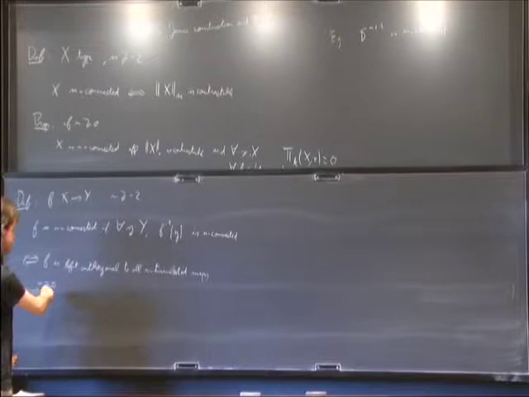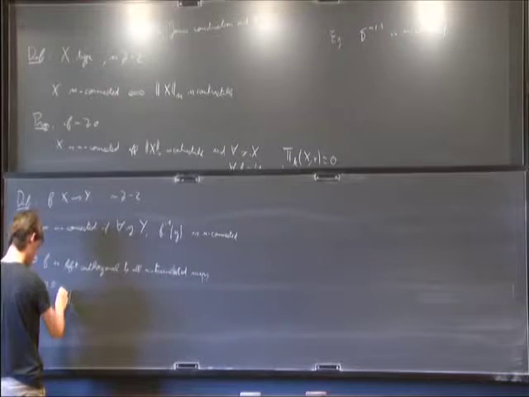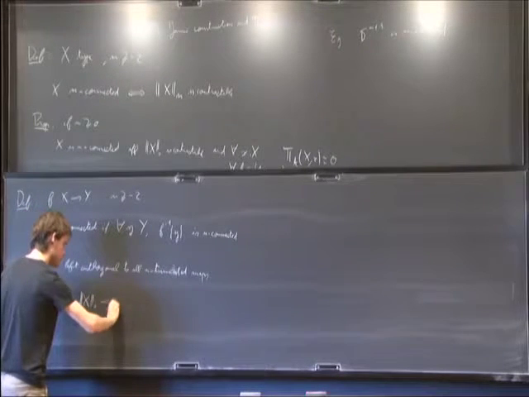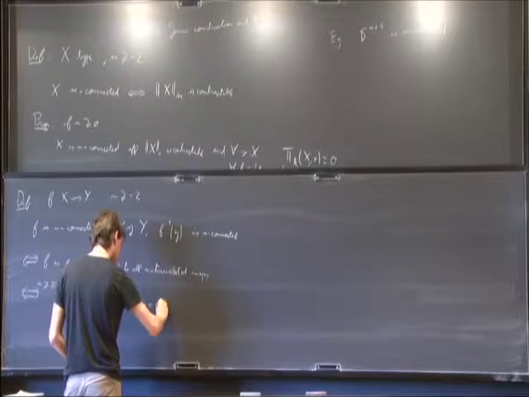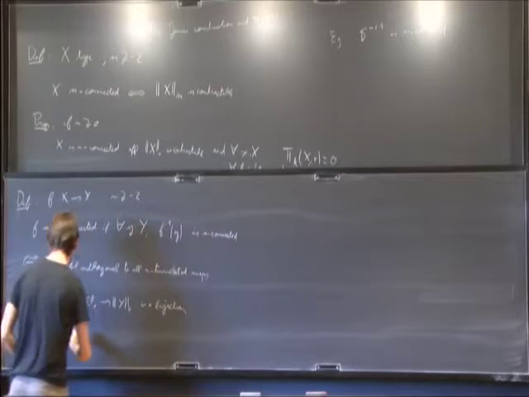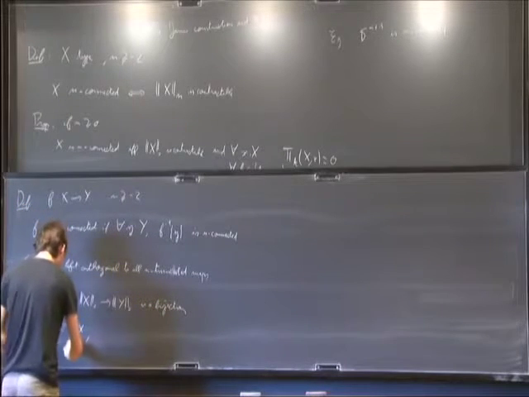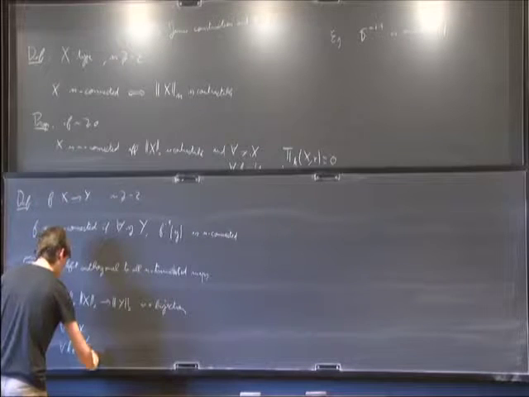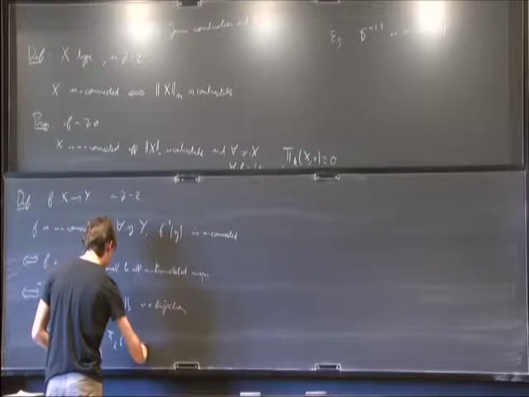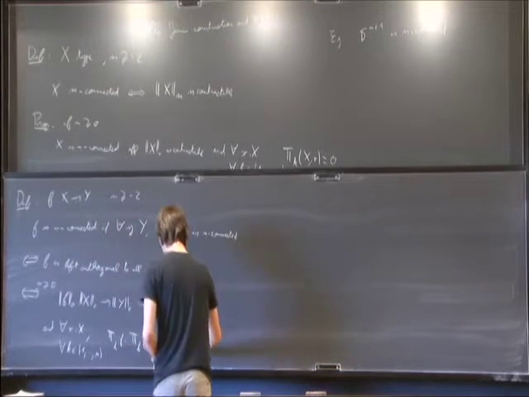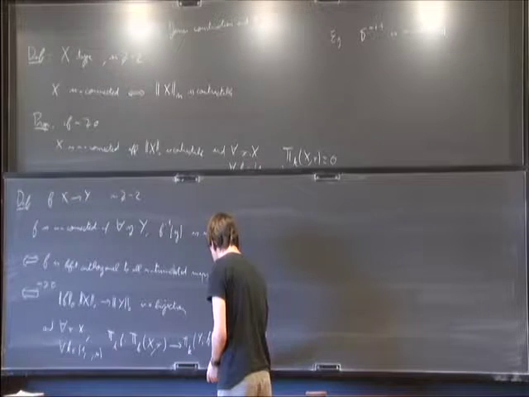So when n is at least 0, f is n-connected if and only if the 0-truncation of f, which goes from the 0-truncation of X to the 0-truncation of Y, is a bijection, and for all points x in X, and for all k between 1 and n, pi k of f, which goes from pi k of (X, x) to pi k of (Y, f(x)), is an isomorphism.